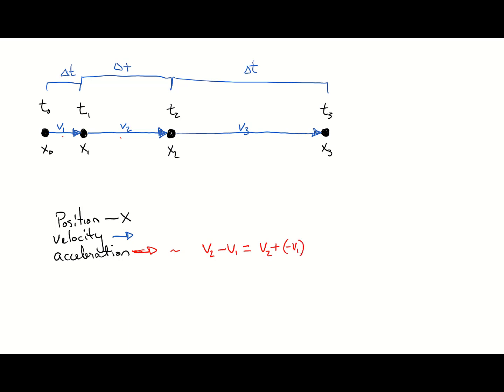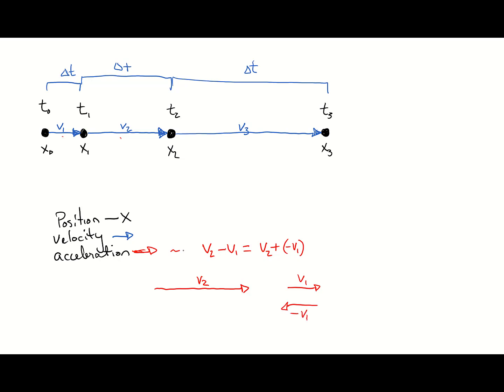Now, what does this all mean in terms of this visual representation in the motion diagram we're trying to draw? Well, think about what v2 is. We've drawn v2 as an arrow, right? And we've drawn v1 as an arrow here that looks like this, v1. If I wanted negative v1, that negative sign is essentially just going to flip that arrow. So if that's v1, negative v1 would look like that.